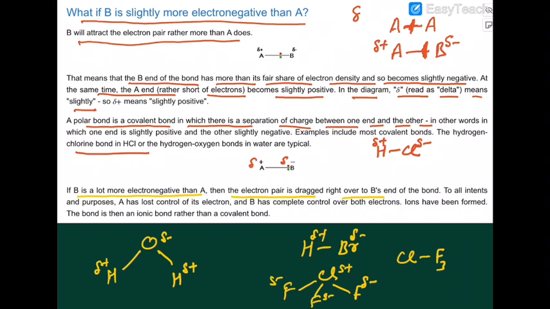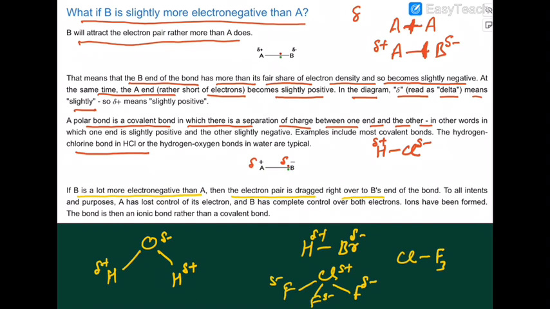Why? Because in a polar bond, the electron pair is displaced. But in case of an ionic bond, the electron is being completely transferred, completely lost, completely gained. Are you getting that or not? So that's how these two things are different. I am repeating once more.